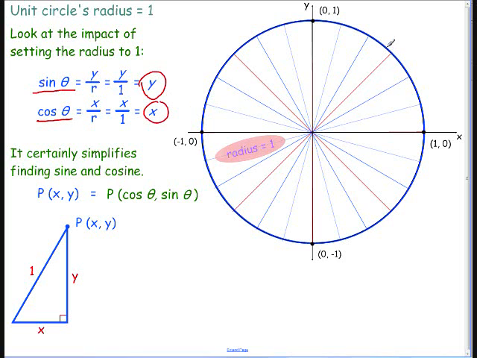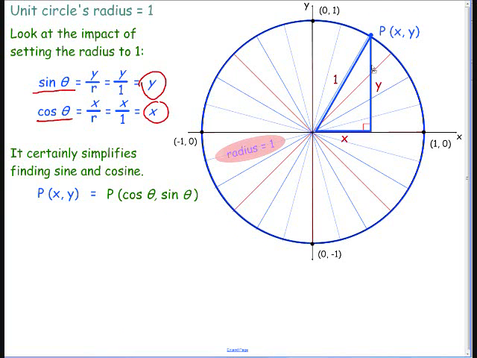And then we can say any point on the circle could be written as, instead of x, y, cosine theta, sine theta. Does that seem right?